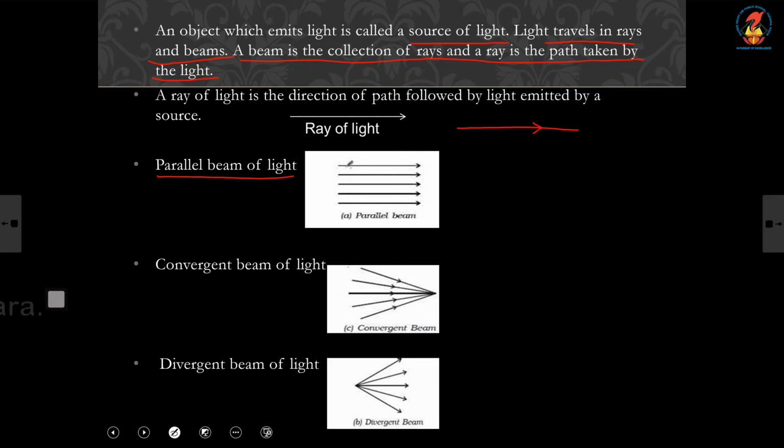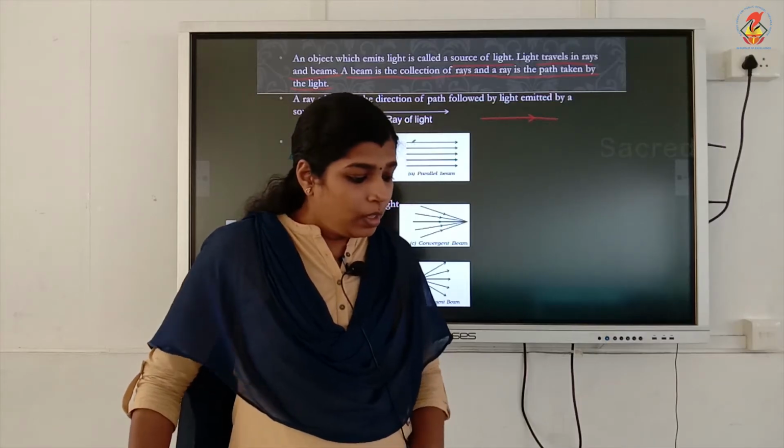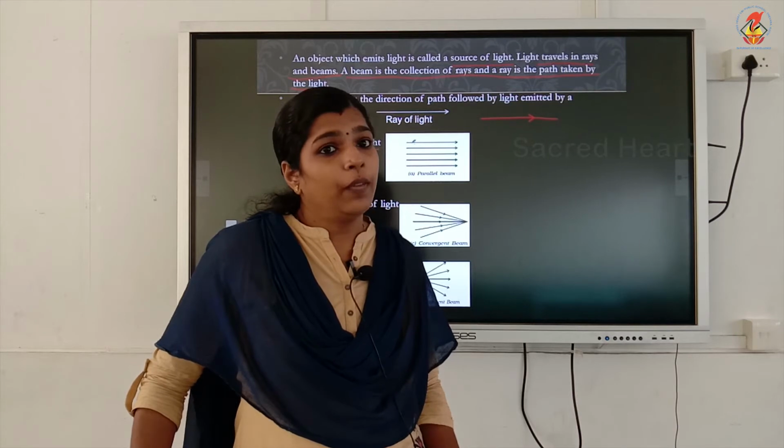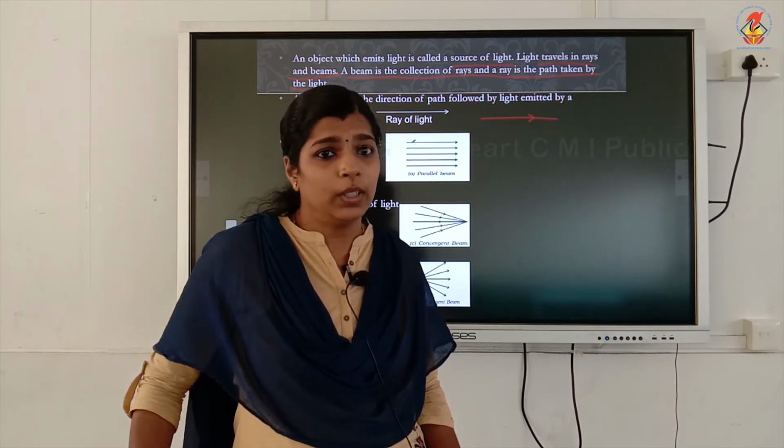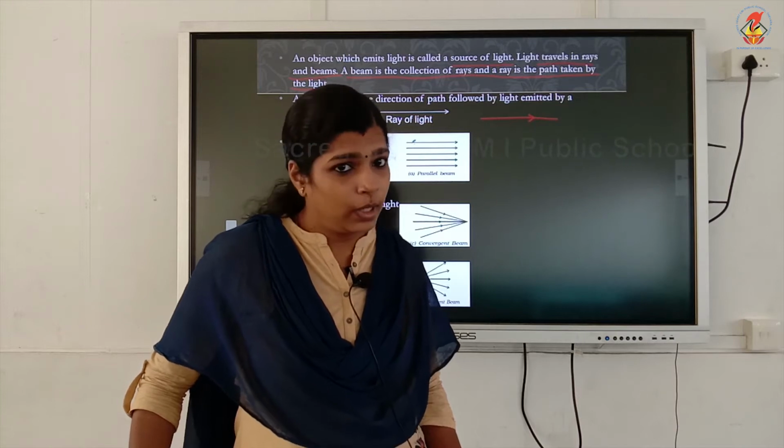Light from a distant object, suppose the sun. If you consider light from the sun, we assume that it is far away from us and we assume that the sunlight reaching our earth is a parallel beam of light rays.